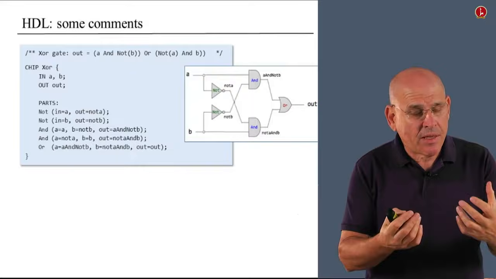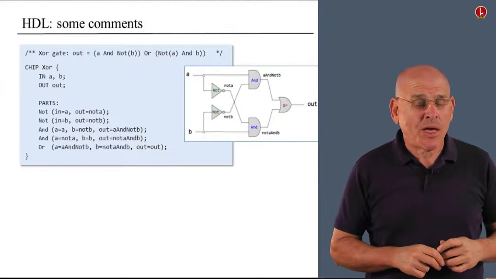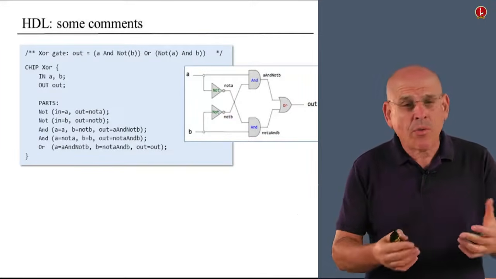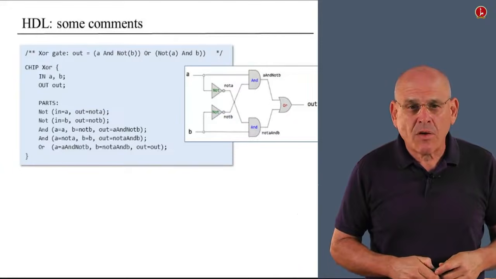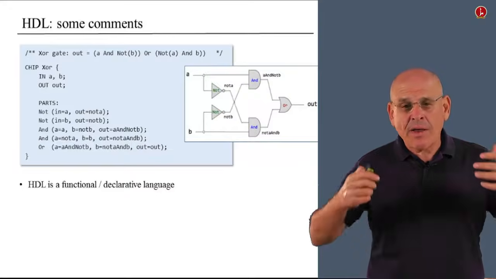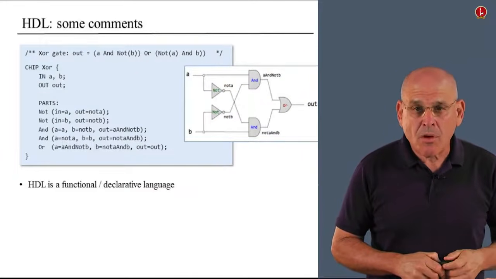So readability is terribly important. We have to make sure that our HDL code is self-descriptive and readable. And in order to do it, we also use indentation, and make the code look real nice. So all these things are expected from you when you write your own HDL programs.